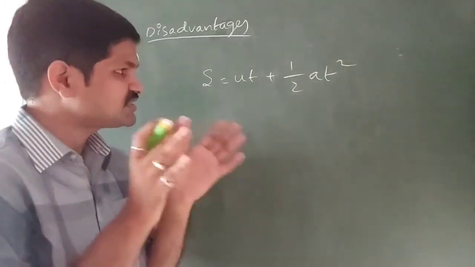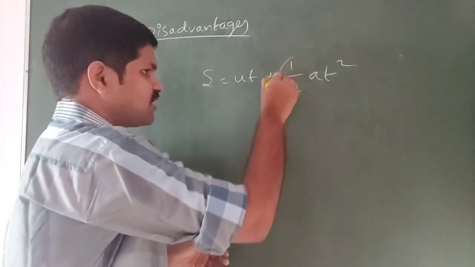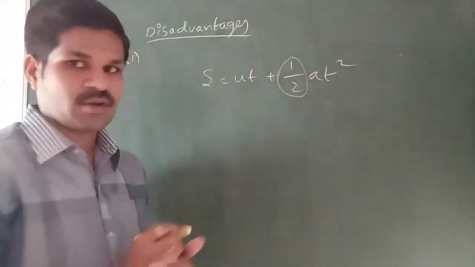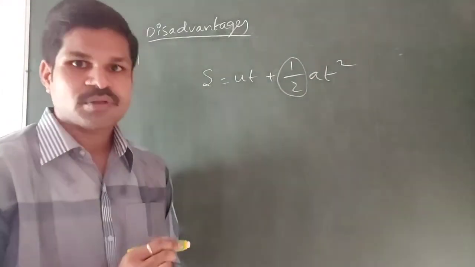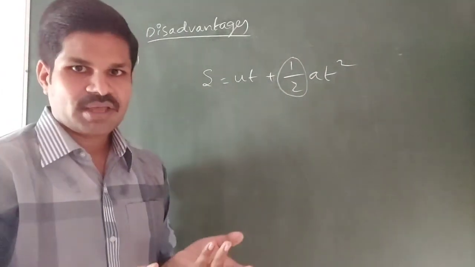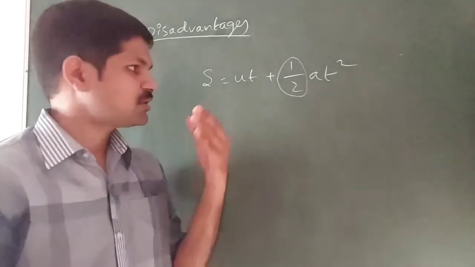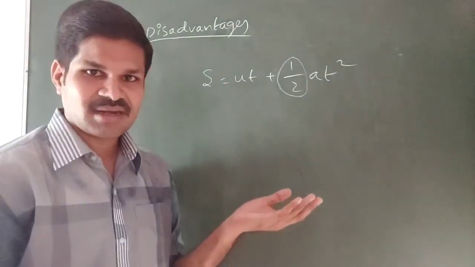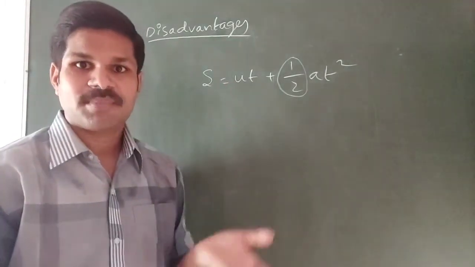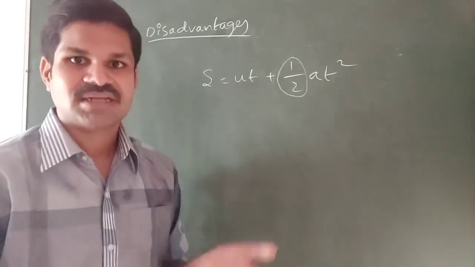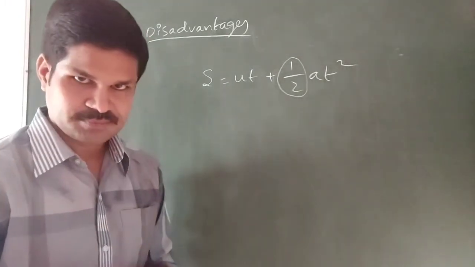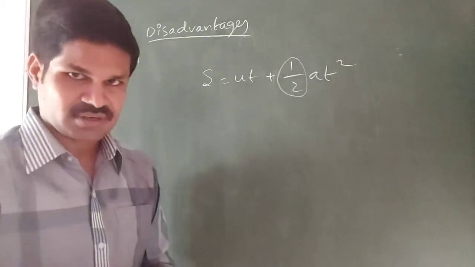But if that physical relation consists of constants like 1 by 2, 2, or pi, these types of relations cannot be derived using dimensional analysis. That was the second disadvantage.